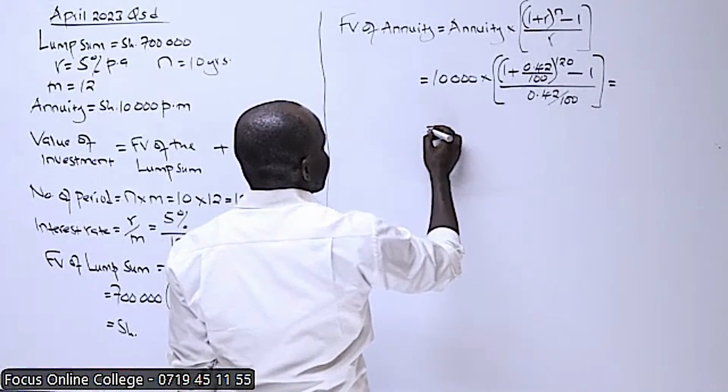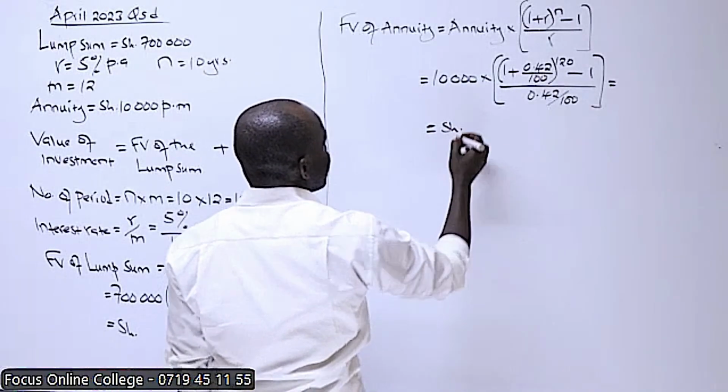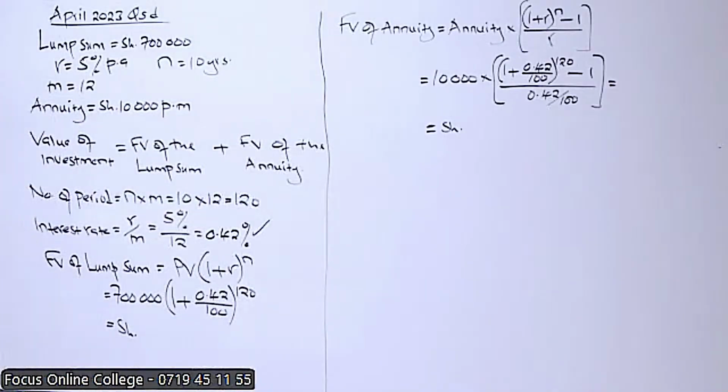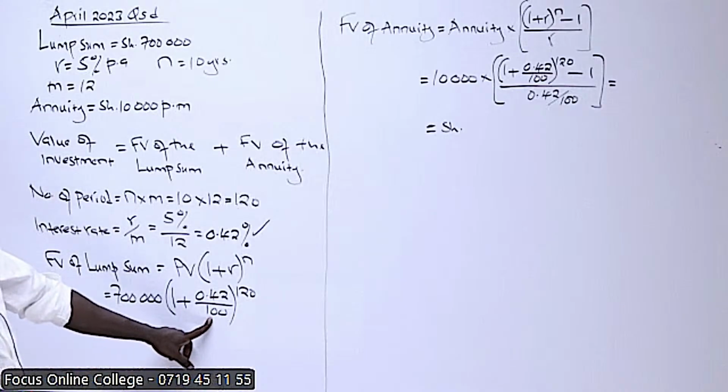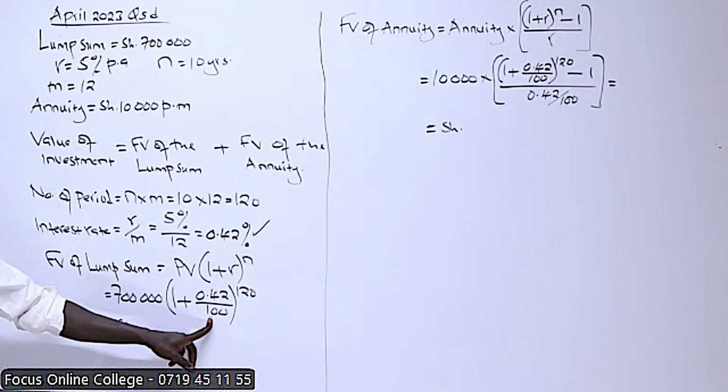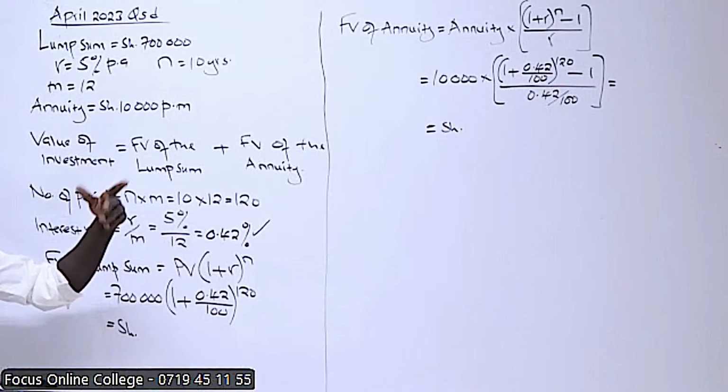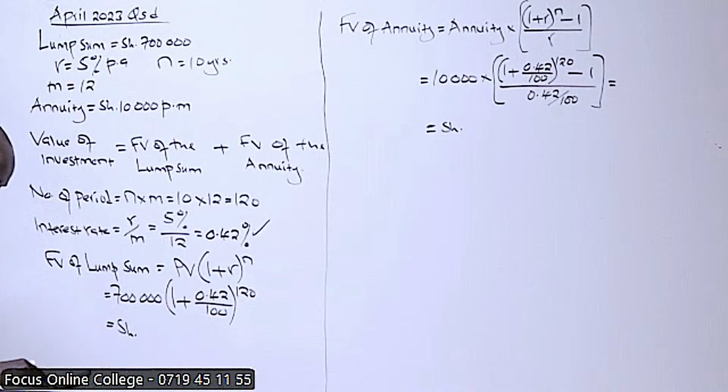So here we will get the future value of the annuity. Remember, the reason we are dividing by 100 is that we want to convert the percentage to a number. So the 100 has no other reason to be there, because you can just say 0.0042 and you'll be good to go.